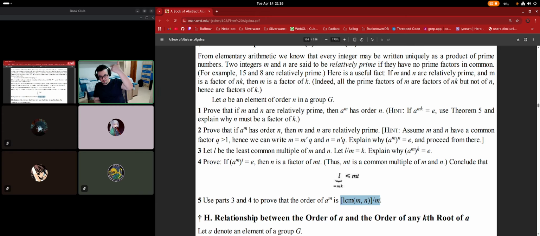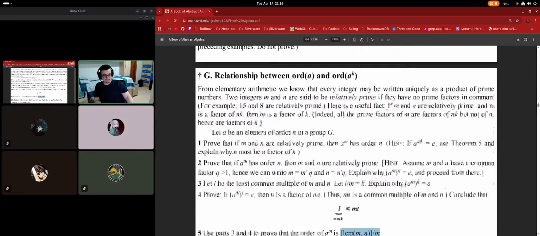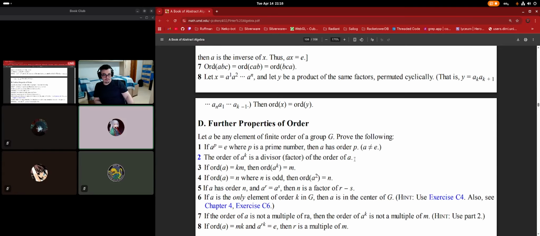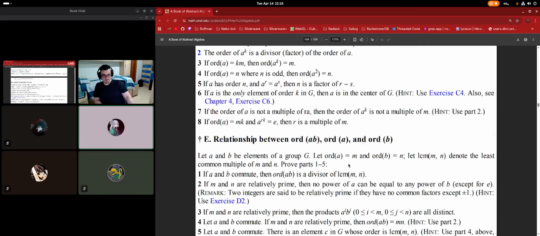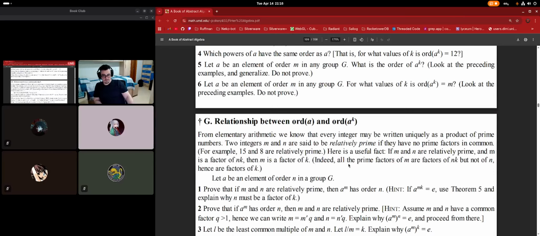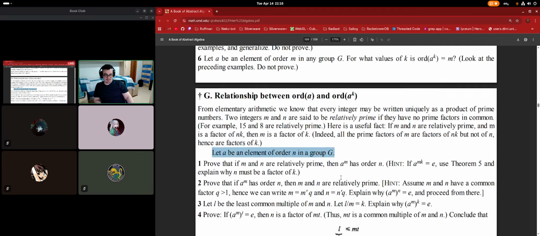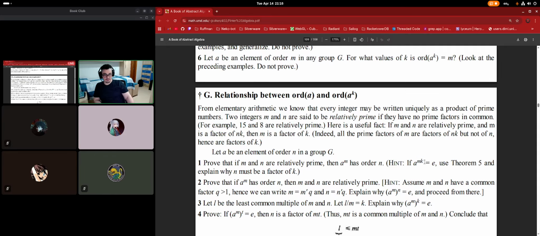Like all the way back to the exercise. I think we skipped a line. a has order n. That's important. Ah, okay, so that is how the n gets into the mix, because you know that this is a multiple of n.